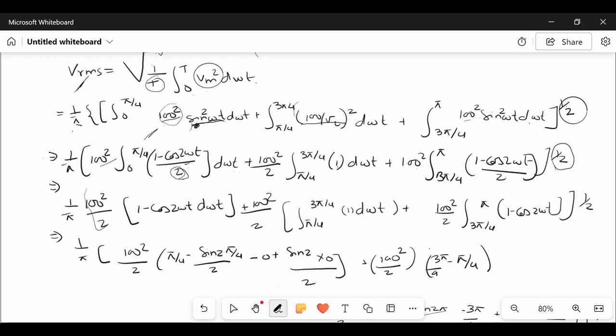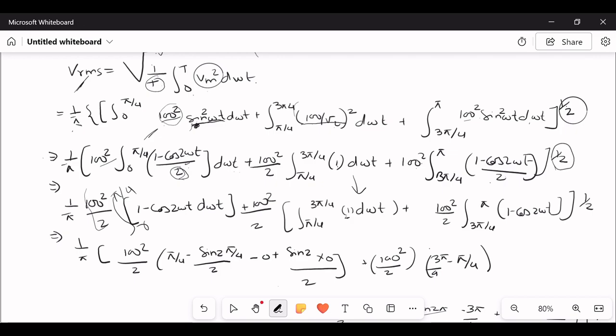So we integrate 1 minus cos 2ωt from 0 to π/4. Here again we copy the same, and for the third part 100² by 2 are constant values, so we write them outside.